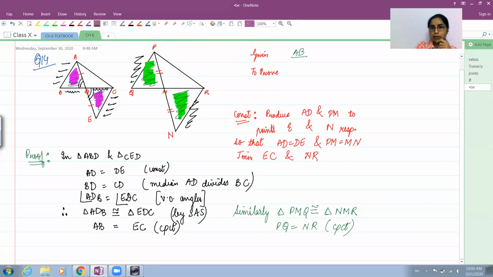आपको क्या दिया है? AB, AC and AD from the first triangle. These are in proportion to PQ, PR and PM. So I'm going to use this result now.